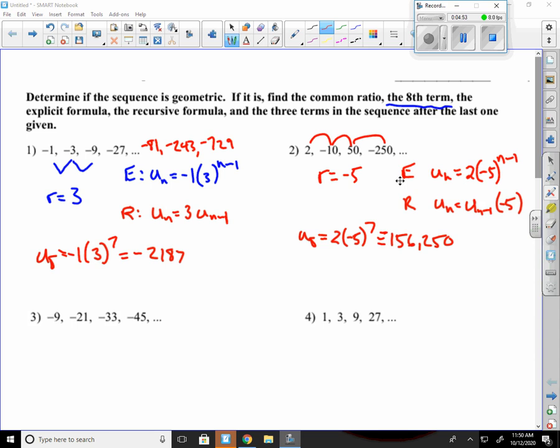That's going to be negative 6250, yeah. And then the next one is going to be times negative 5 again, which will give me positive 31,250. Multiply that by negative 5 just to check my u sub 8, and I get negative 156,250.